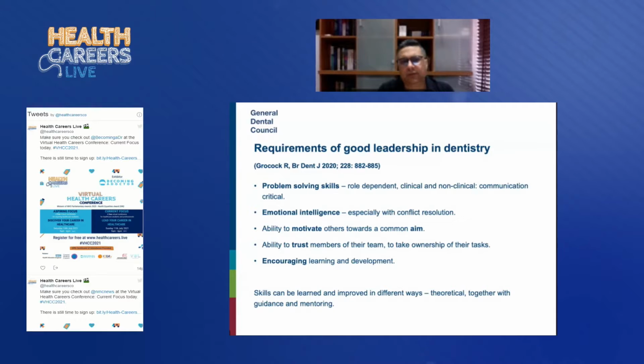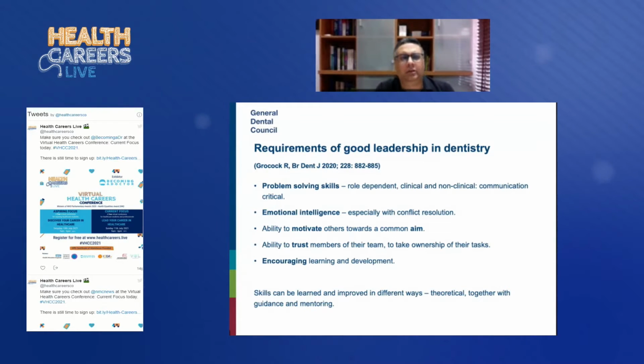You've also got to have the ability to trust members of your team and let them take ownership of their own tasks. And again, the same applies in the clinical sphere and in the non-clinical, striving towards that common goal. And finally, one thing which I certainly think is very important is encouraging learning and development within your team, and that helps the team grow and go from strength to strength.